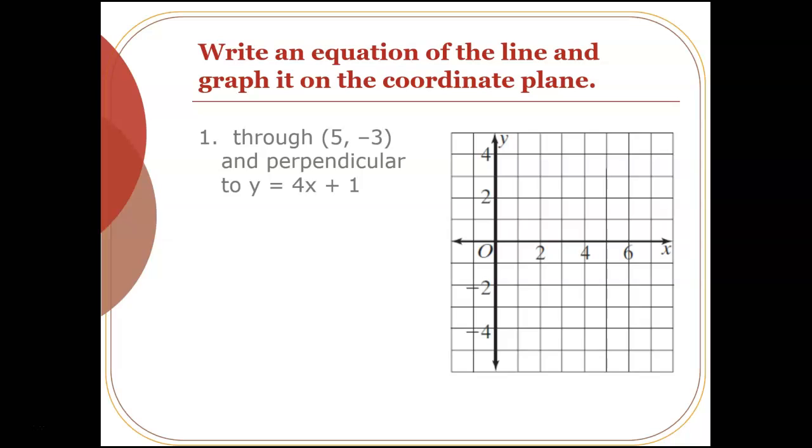We can write equations of lines that are parallel and perpendicular given a point. So we were given the equation y equals 4x plus 1. We'll treat that as our first equation. So it has a y-intercept of 1 and a slope of 4. That tells me it goes up 4 and over 1, or down 4 and left 1.